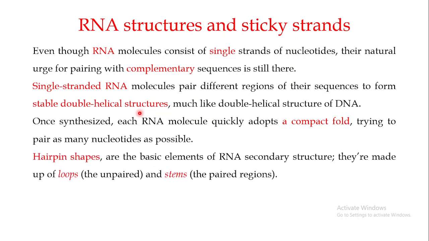Now these hairpin shapes are one of the basic elements of the RNA secondary structures, and they usually consist of two parts. One, the loops, which are the unpaired regions of the RNA, and the stem, which are the paired regions of these RNAs.